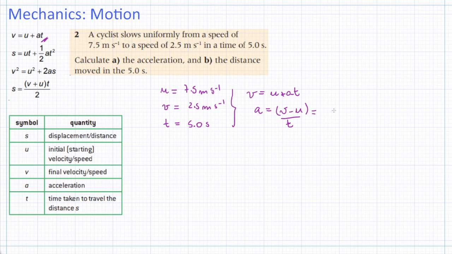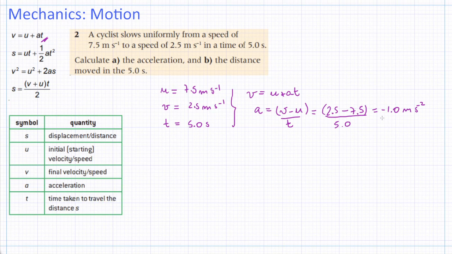So our final velocity is 2.5. Our initial velocity is 7.5, so we can see that the difference is going to be minus 5. And this over 5. So this is in meters per second, this is in seconds. Our result will be in meters per second squared. So that's negative 5 over 5, so that's going to be negative 1.0 meters per second squared.